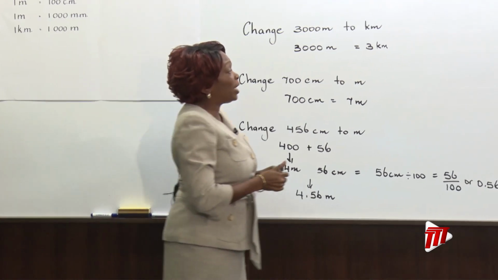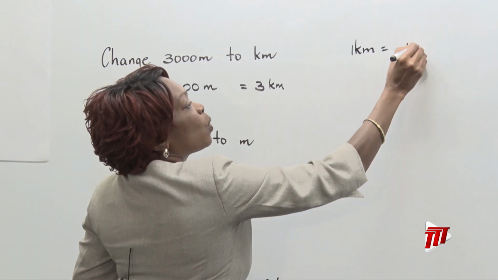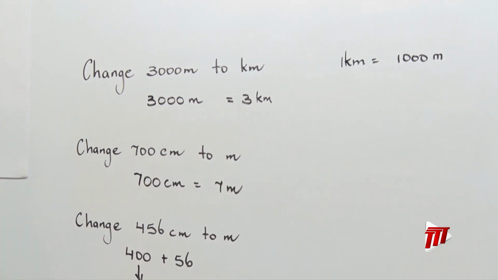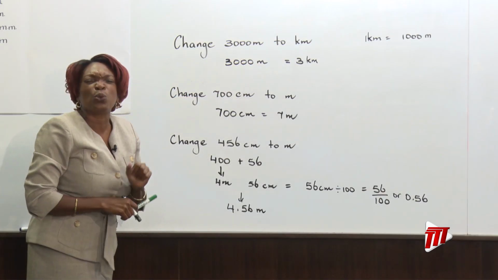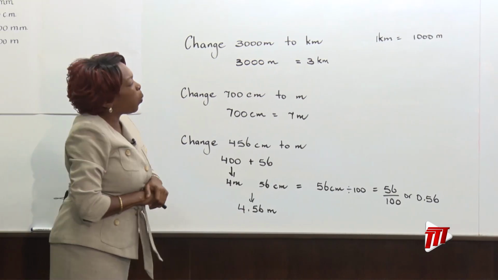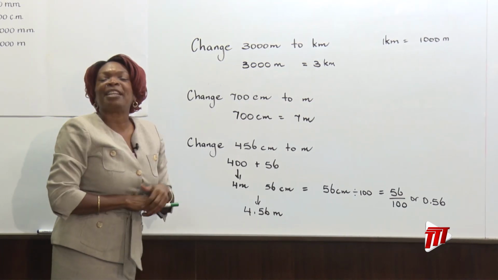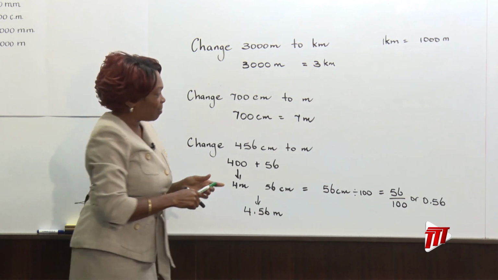Well, we know that 1 kilometer is equal to 1,000 meters, correct? And we can take the 3,000 meters and do something with it. What do you think we can do? Yes, we can divide the 3,000 by the 1,000 meters.